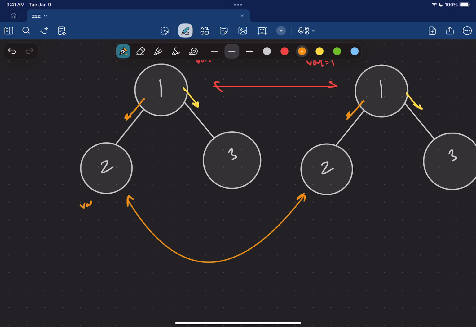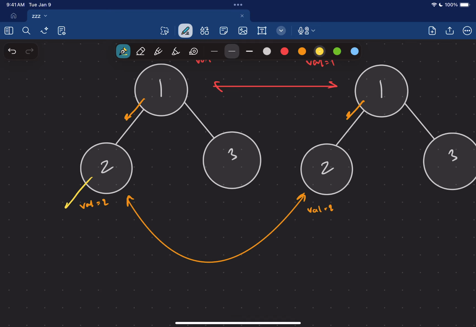We can say, hey, the value is 2. The value is 2. So far, there's nothing to make us think these are not the same tree, right? Looks good so far. And actually, let me erase this because that's actually not the next thing we're going to do. Because for these nodes, now we need to ask the same question. Hey, does the left node and the right node have the same structure, the same values, right?